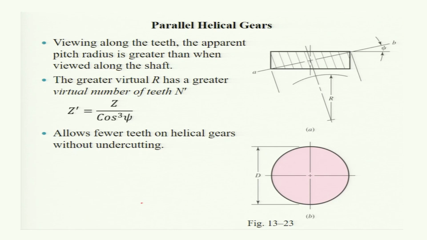So viewing from along the teeth, the apparent pitch radius is greater than when viewed along the shaft. When you view from along the shaft and view along the teeth in this way and in this way, the pitch radii will be bigger for this case.